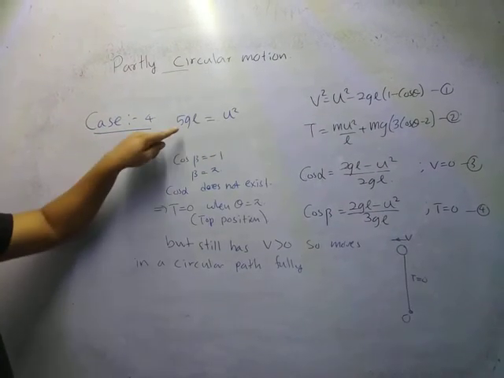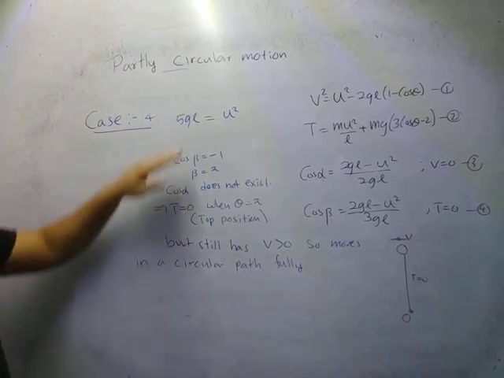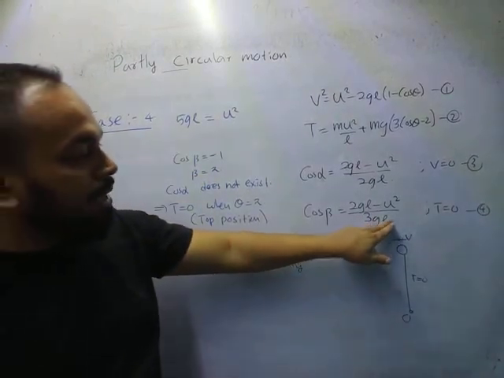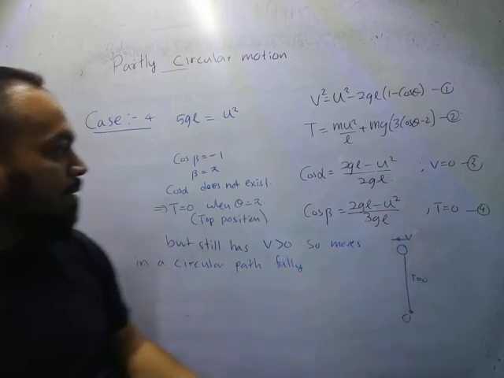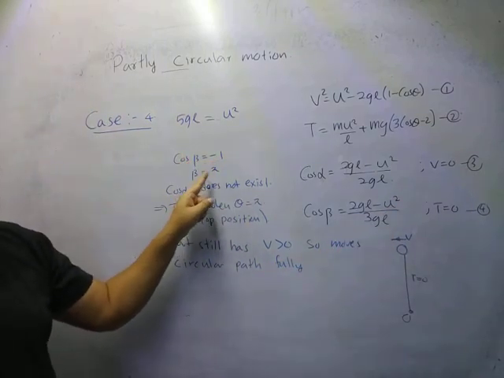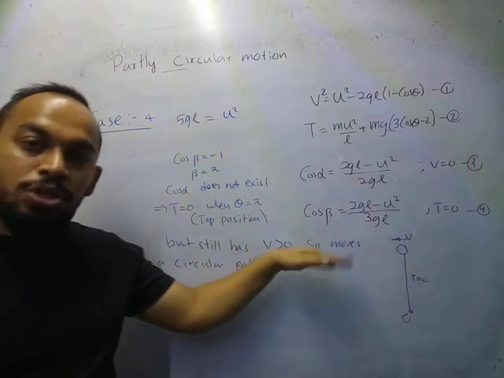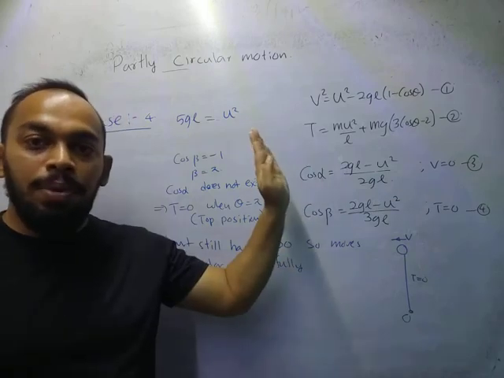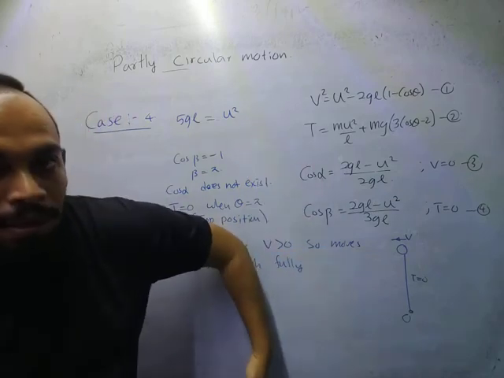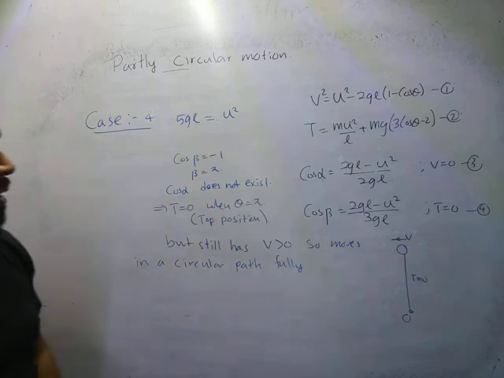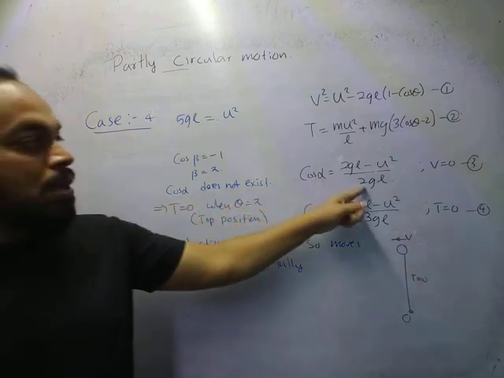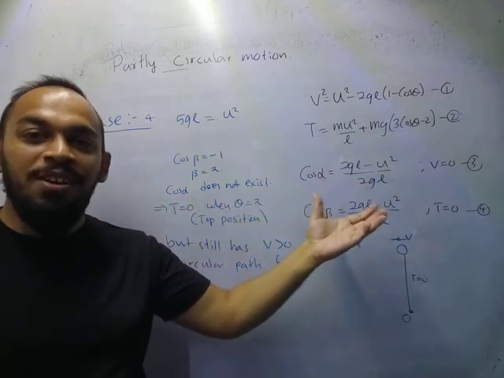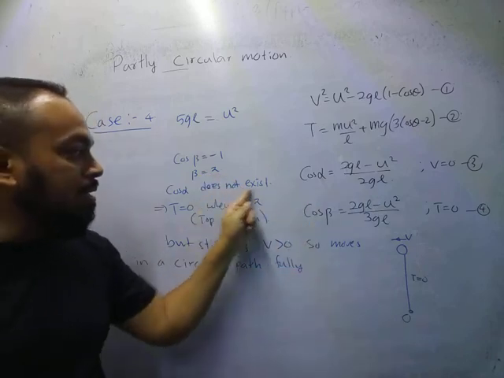Case 4 is when u squared equals 5gl. U squared 5gl means this becomes minus 1. Put it in and see: cos beta minus 1 means beta equals pi. That means tension becomes 0 when the angle is pi, the topmost position. What happens to cos alpha? Cos alpha becomes minus 1.5, which means cos alpha does not exist.